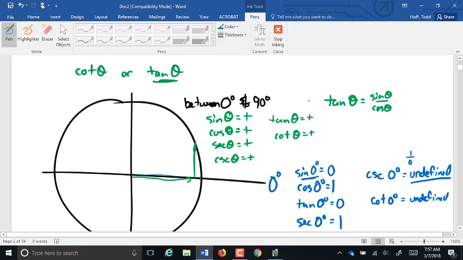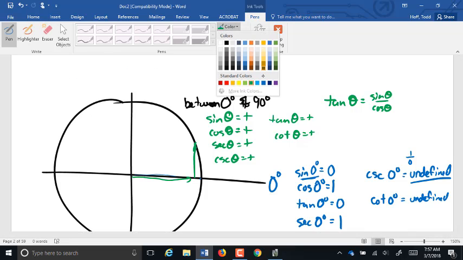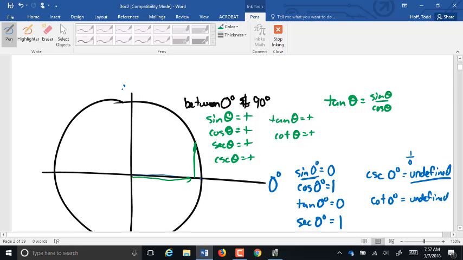How about at 90 degrees? Well, at 90 degrees, sine is what? 1, right? What's cosine of 90? 0.